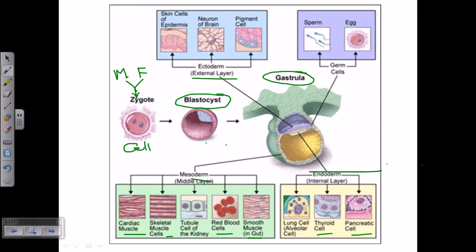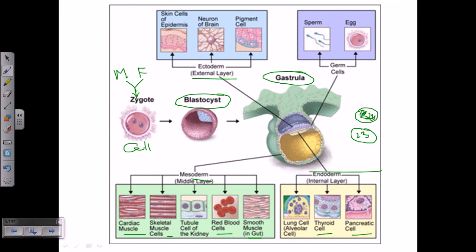Now after some time this differentiation goes on, and different types of cells are produced with different natures. How is this process established? Each and every cell contains a nucleus, and the nucleus consists of a nucleolus and chromosomes. All of them have 23 pairs of chromosomes, remember.